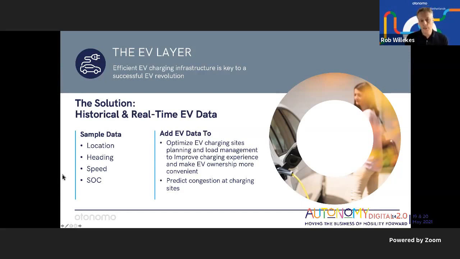But also think about one of the big things that EV drivers are worried about, which is range anxiety.